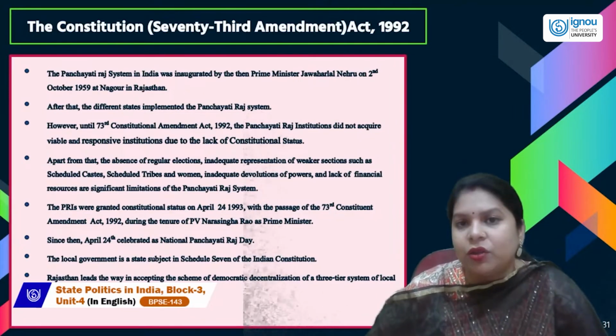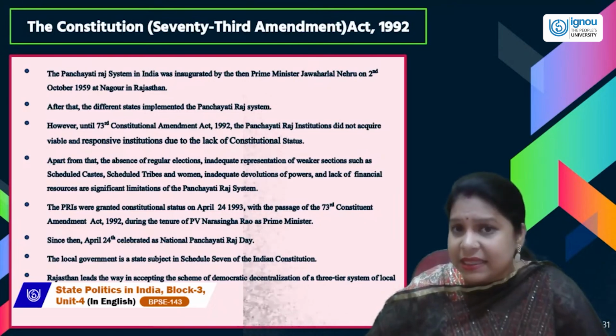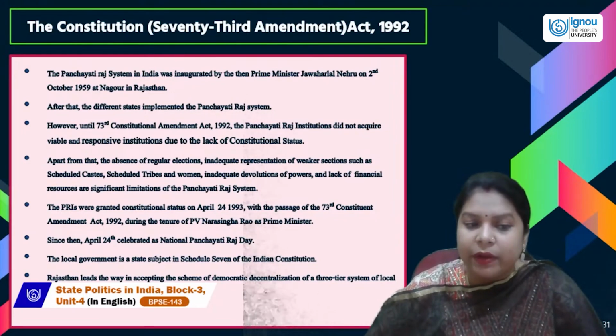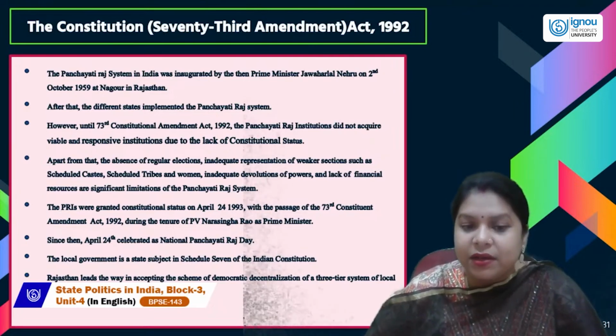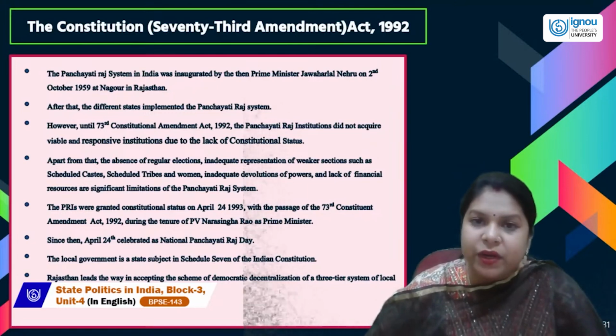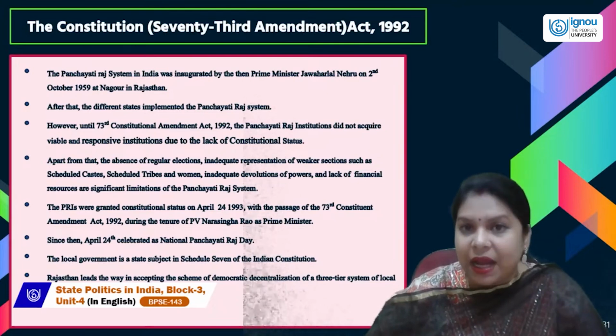The PRIs, or Panchayati Raj institutions, were granted constitutional status on April 24, 1993, with the passage of the 73rd Constitutional Amendment Act 1992 during the tenure of P.V. Narasimha Rao as Prime Minister. Since then, April 24th is celebrated as National Panchayati Raj Day.